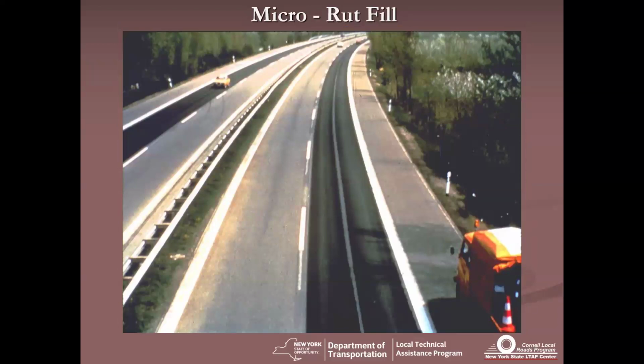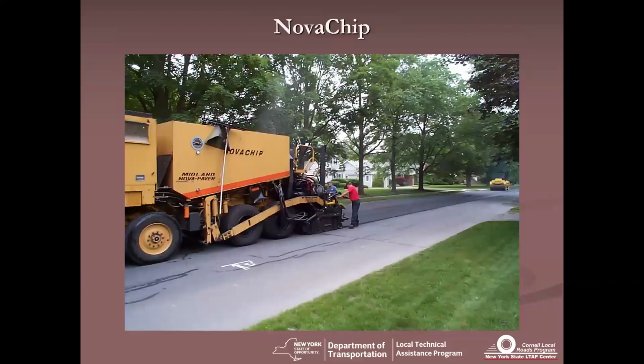The Europeans invented microsurfacing, primarily to fill ruts on the Autobahn, and you can put a rig on the backside of your microsurfacing rig. You fill your ruts, that's what you're seeing on the right side, and then on the left side of the slide, you'll put down what they call their riding surface.